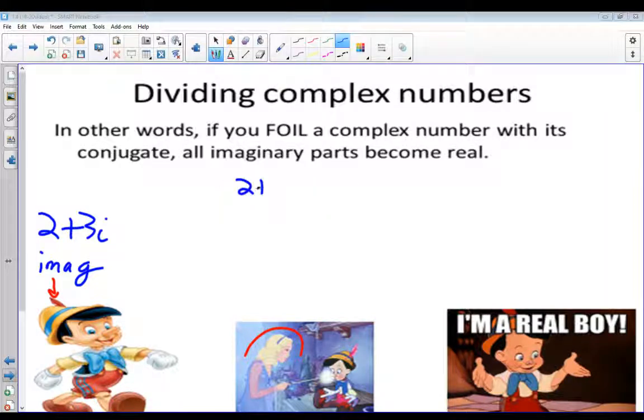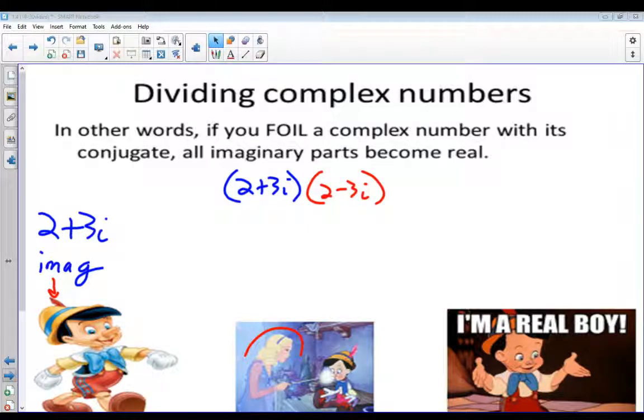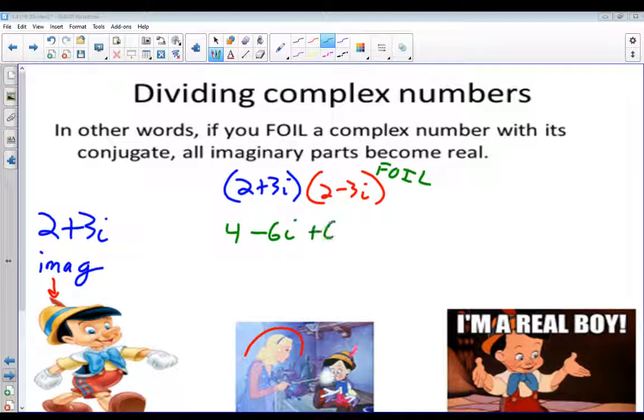Let's say I have 2 plus 3i, and I'm going to multiply it by the magical conjugate, 2 minus 3i. So let's see what happens when I FOIL it. The first term is 4, the outside term is negative 6i, the inside term is 6i, and the last term is negative 9i squared.